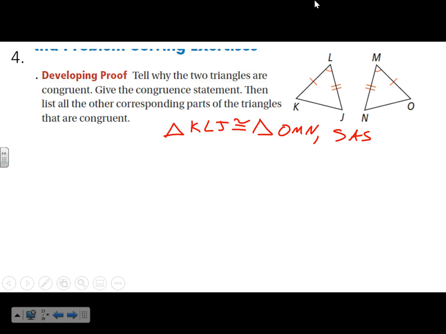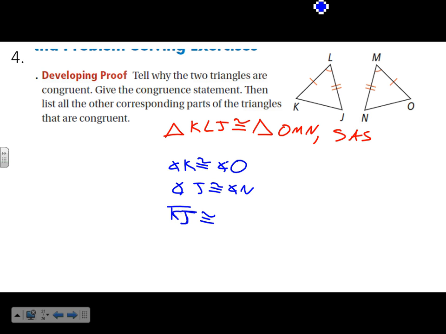So since we know that, that means that angle K is congruent to angle O. My apologies. Angle J is congruent to angle N. And the segment KJ, drawn really sloppy, is congruent to segment NO.